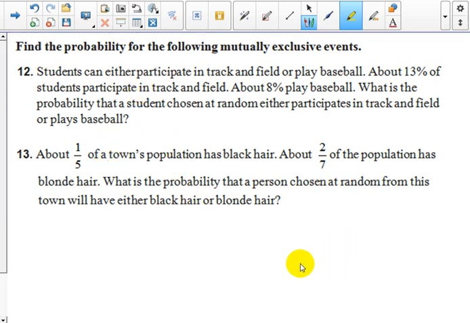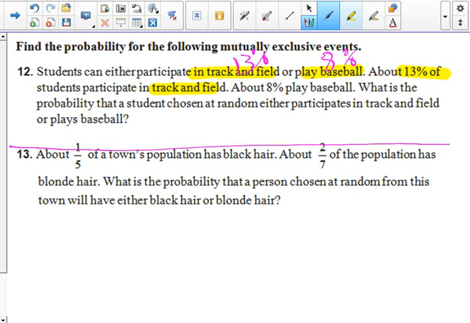It says students can either participate in track and field or play baseball. 13% of the students participate in track and field, so 13%. And about 8% play baseball. What's the probability that a student chosen at random either participates in track and field or plays baseball?